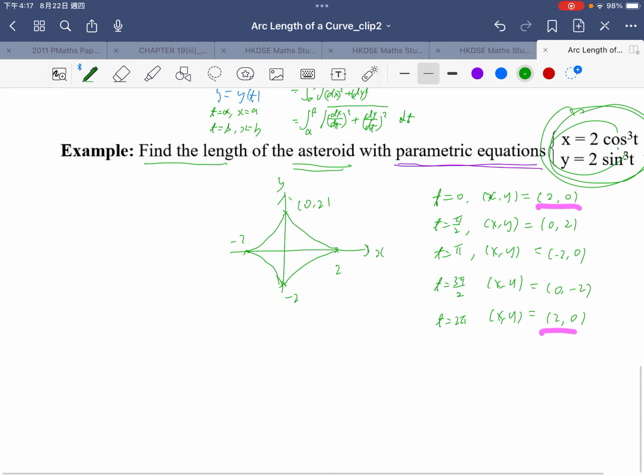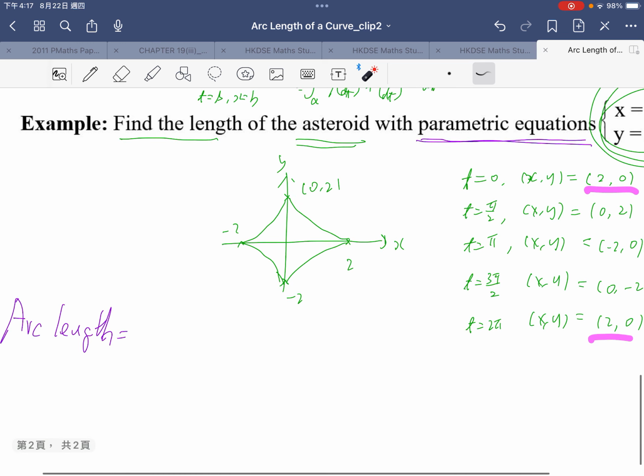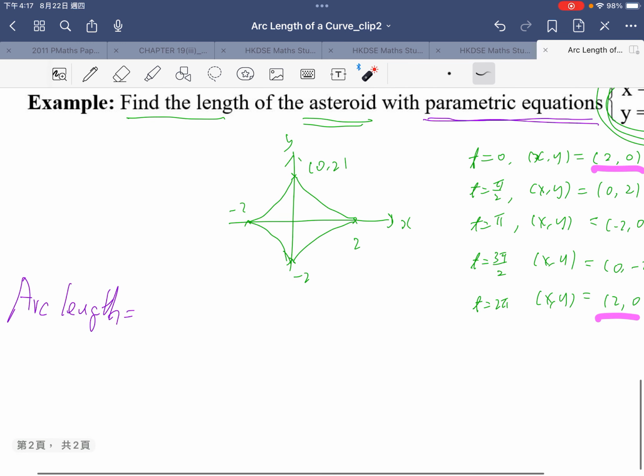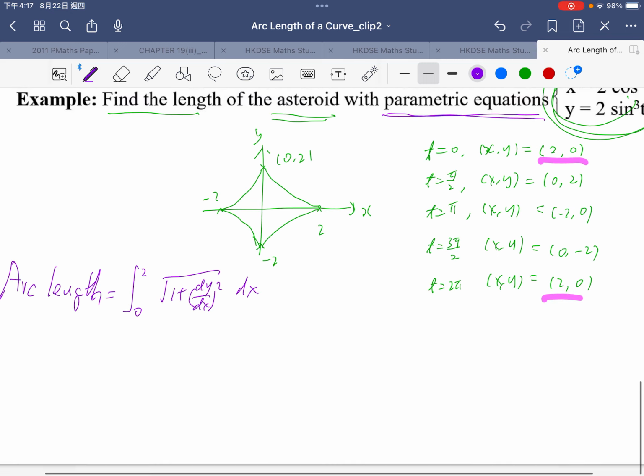Now we can start to integrate the function, the arc length. I only need to integrate this part and multiply by 4 to get the whole length of this curve. This is from 0 to 2, if we use this format, the square root of 1 plus (dy over dx) squared, dx.